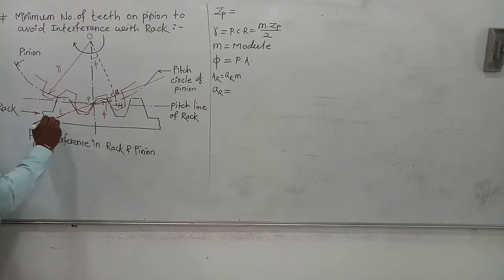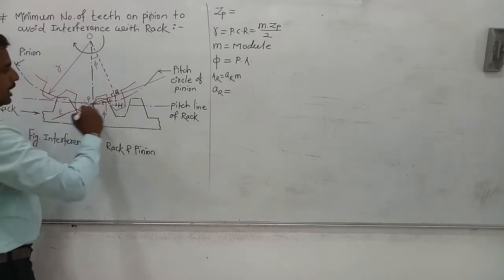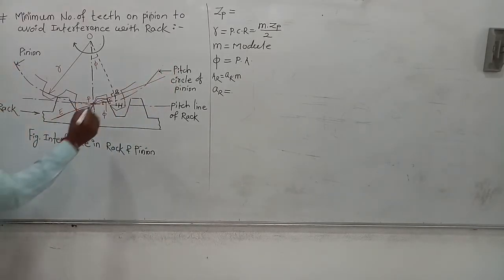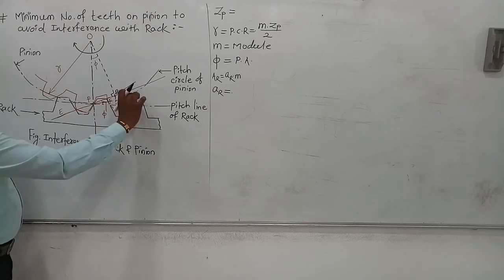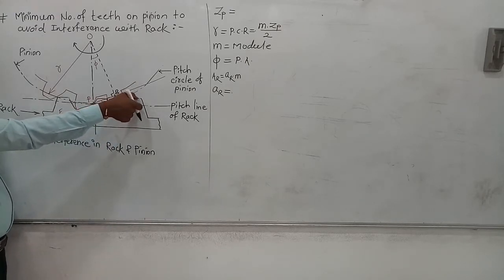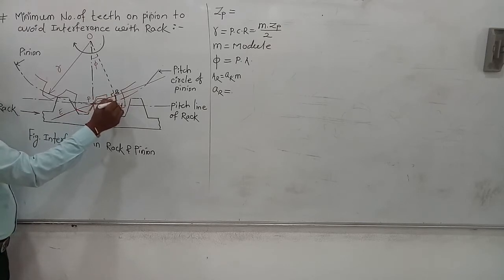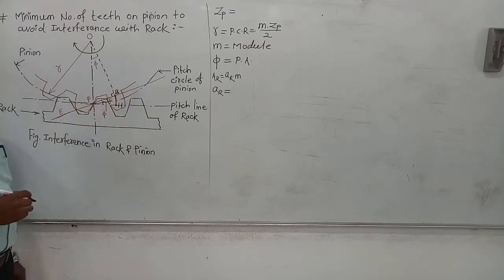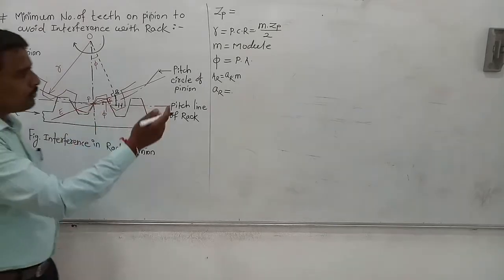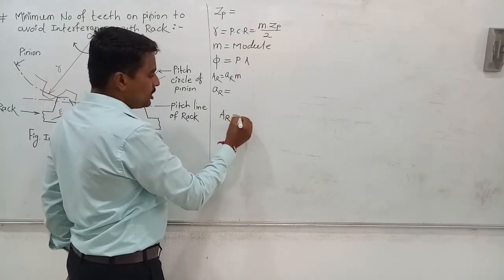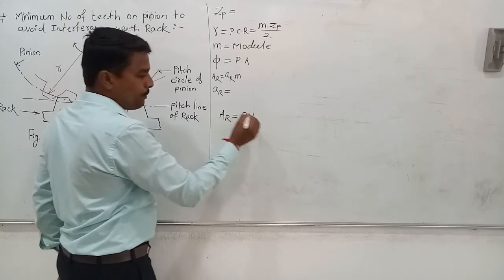We have drawn line EF like this by this red color line. Now we have to find addendum of this rack. So addendum of rack will be this one. Distance from point B to point H is nothing but addendum of the rack. So addendum of rack is nothing but distance BH.